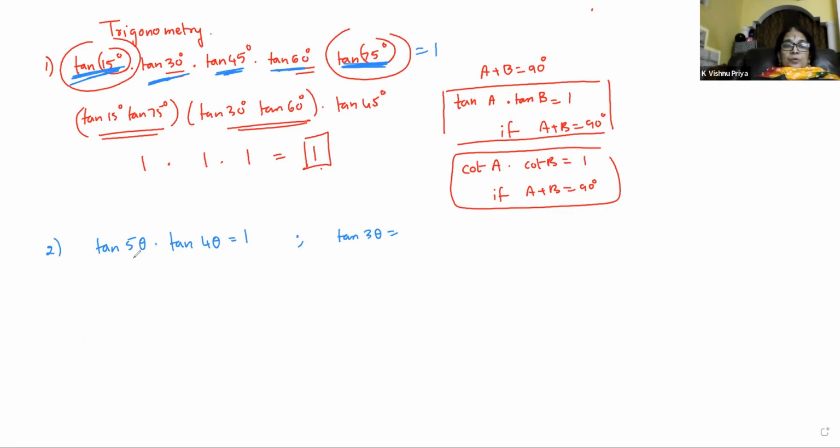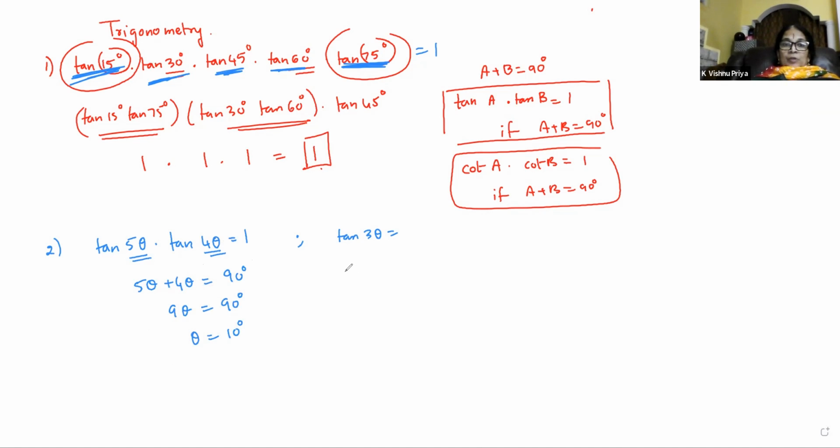When they give you tan A, tan B is 1, what does it mean? When you add A and B, it must be equal to 90 degrees. Then only tan A, tan B will be equal to 1. That means 9 theta equals 90 degrees, or theta equals 10 degrees.